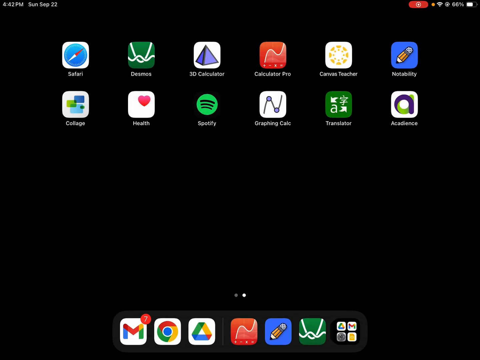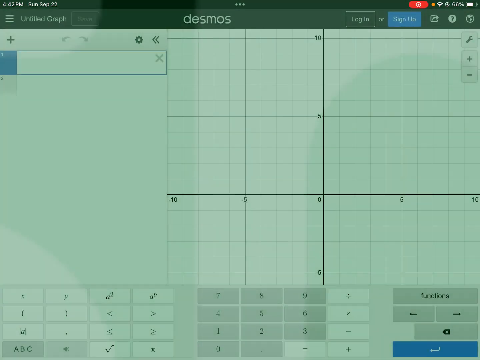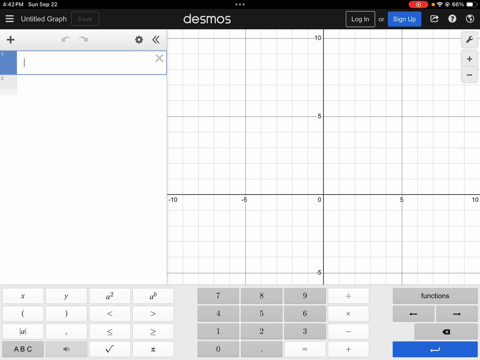Now, if you guys don't have a calculator at home, you can go to Desmos, and then you can type in the function. Just make sure you type in the function. Type in f of x.